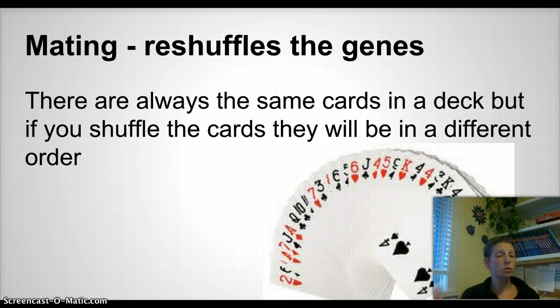So you can shuffle the cards, which is like mating different individuals within the population, and then you can lay them all out again. And they're still going to be the same cards, even though they're in a different order. So even though some of the genes may be distributed differently within the next generation, they're still the same kinds of genes. They're still the same kinds of cards.